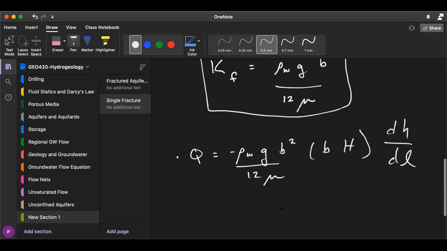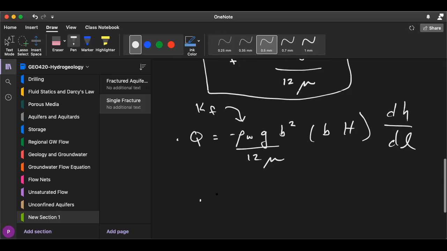And this part, remember, is really Kf, times b times H. So if I take the hydraulic conductivity of an aquifer and multiply it by the thickness, what property is that?